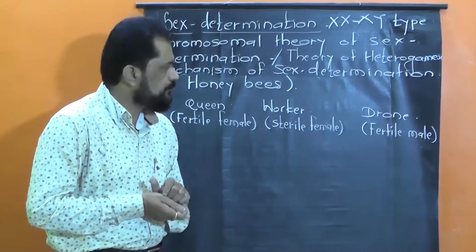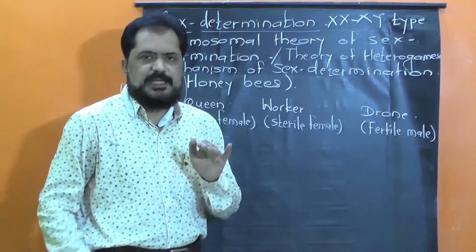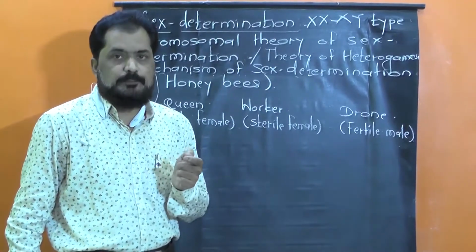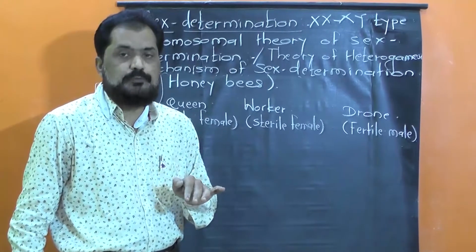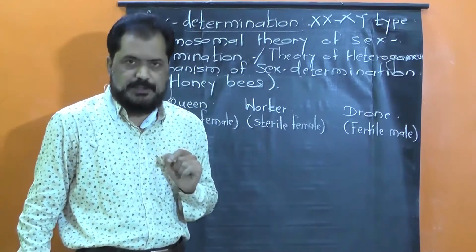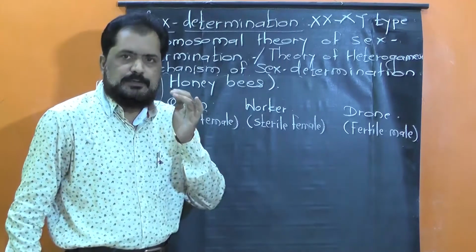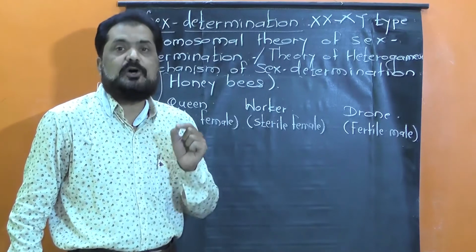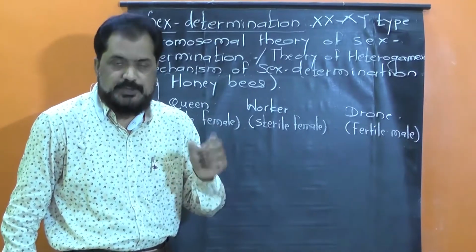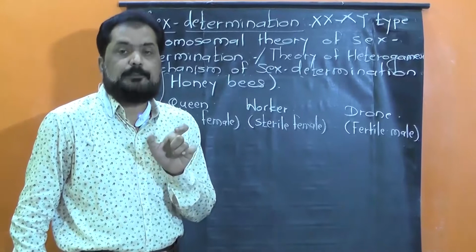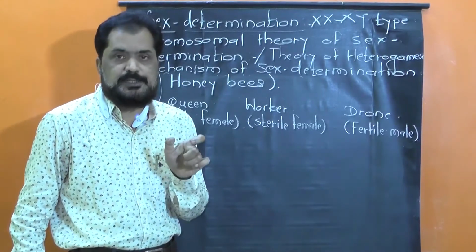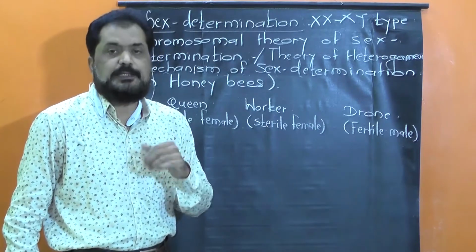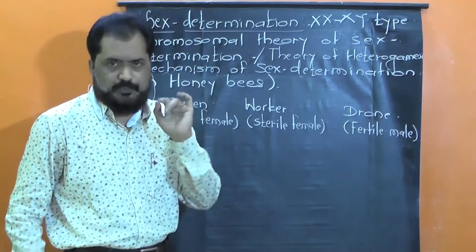You must know, in honeybees the sex determination depends upon the number of sets of chromosomes in that individual. Listen carefully. In honeybees, the sex is determined by the number of sets of chromosomes in that individual. You know that in a haploid individual or in a haploid cell, there is a presence of only a single set of chromosomes, and in diploid there are two sets of chromosomes.